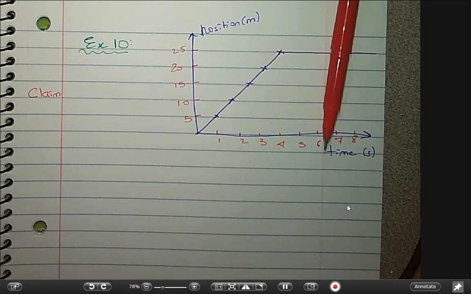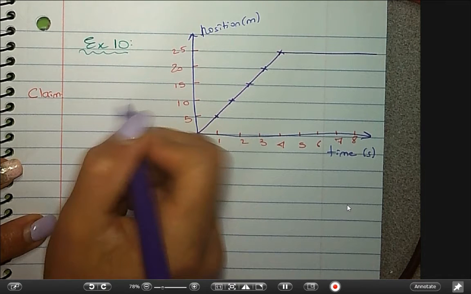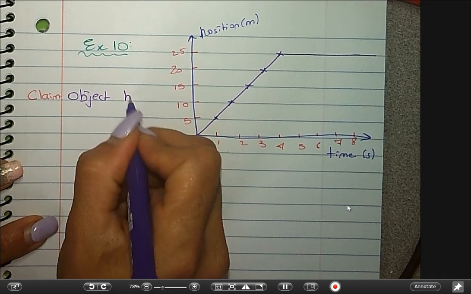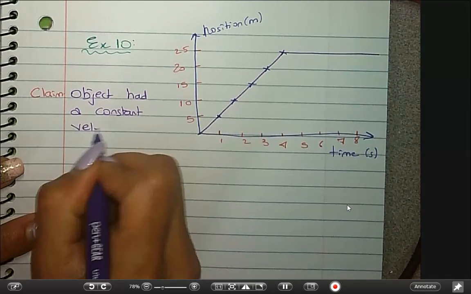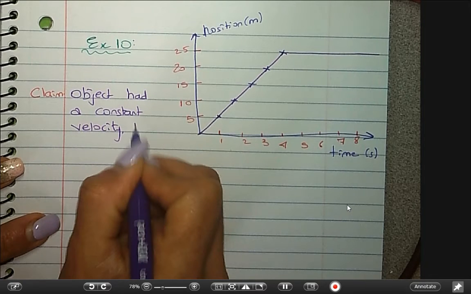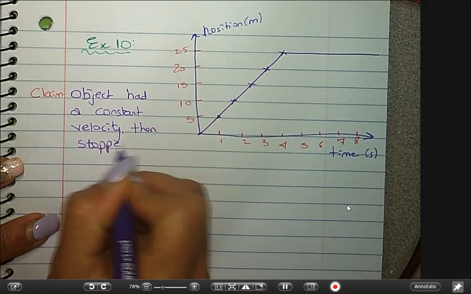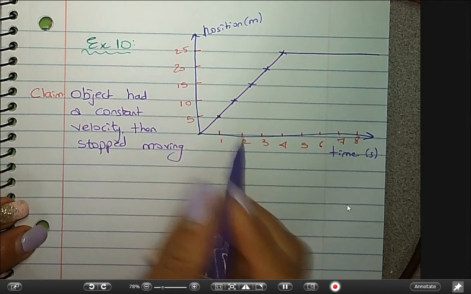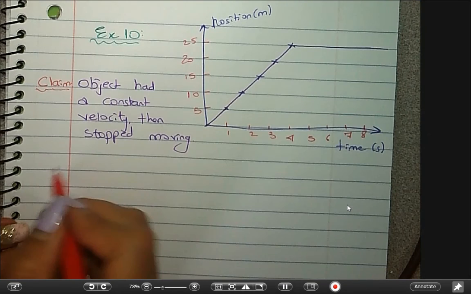I claim that the object had a constant velocity, then stopped moving. So what is my evidence?